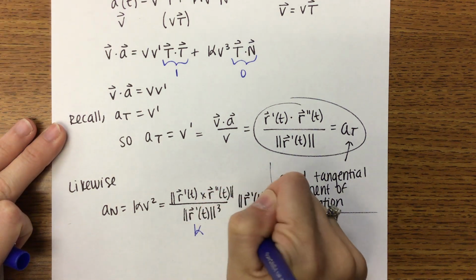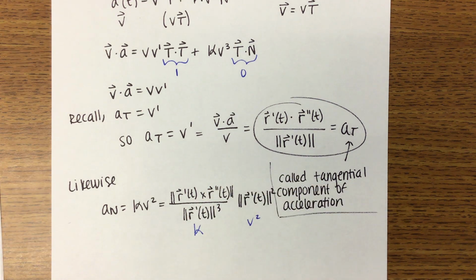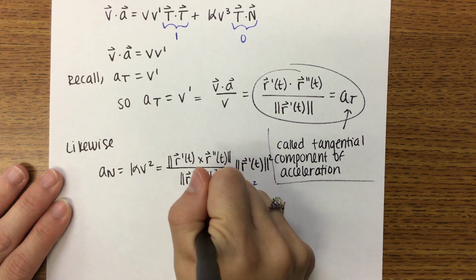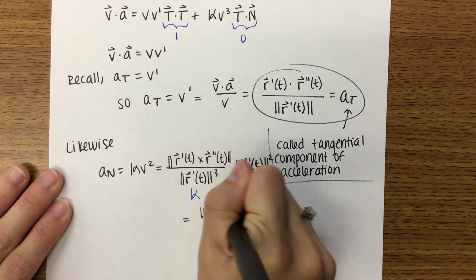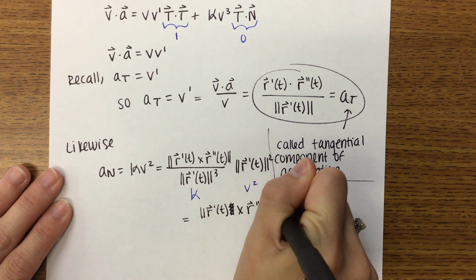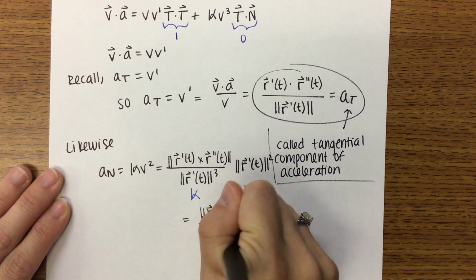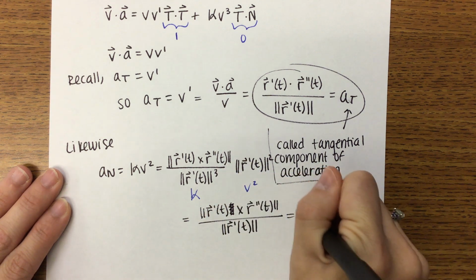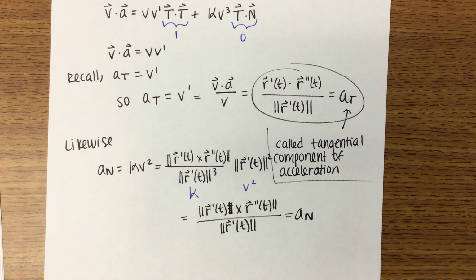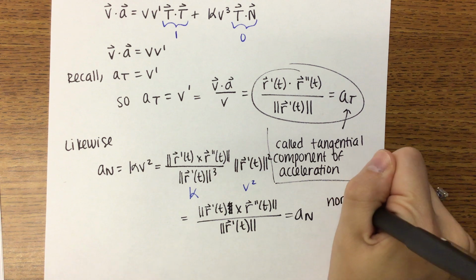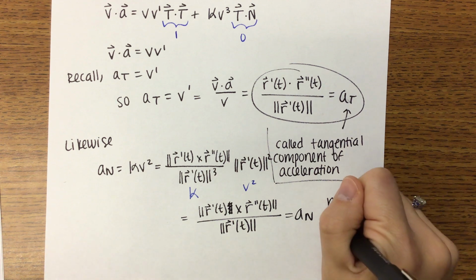Simplifying that, it becomes the norm of r prime of t crossed with r double prime of t, divided by the norm of r prime of t. That is our A_N. This is called the normal component of acceleration.